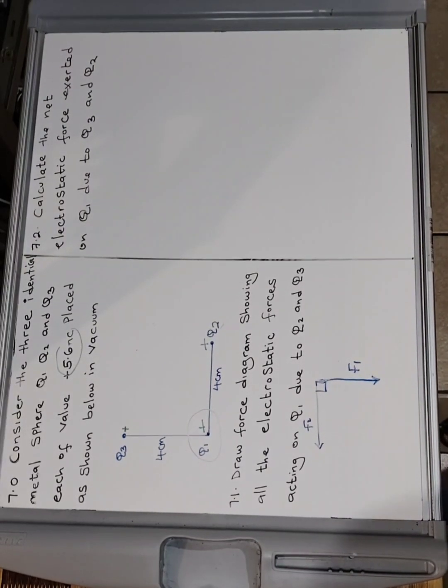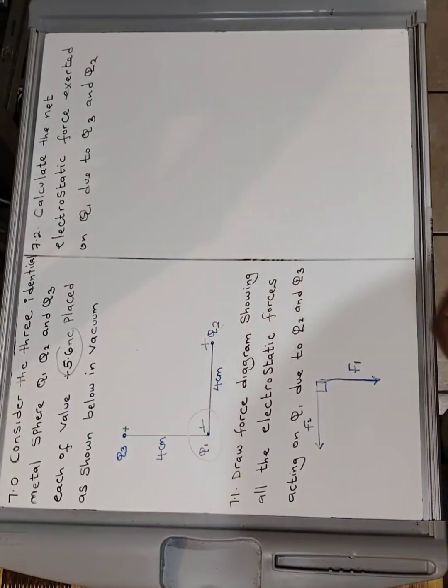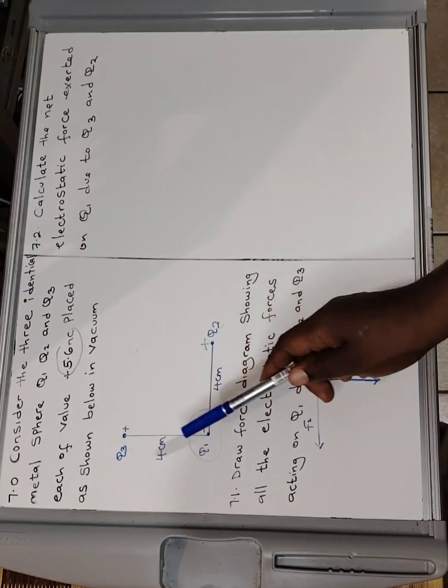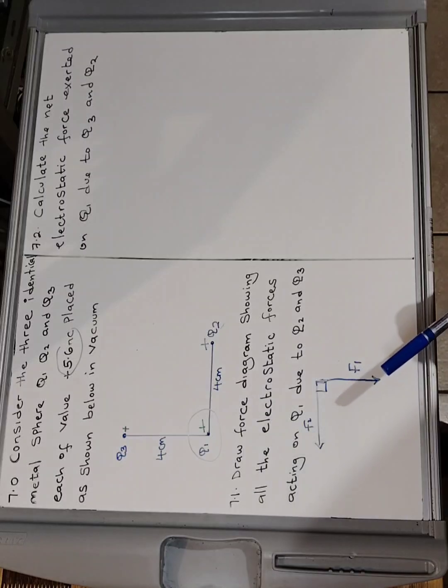Then comes this question. It says, calculate the net electrostatic force exerted on Q1 due to Q3 and Q2. What do we do here? We say the force Q3 exerts on Q1.